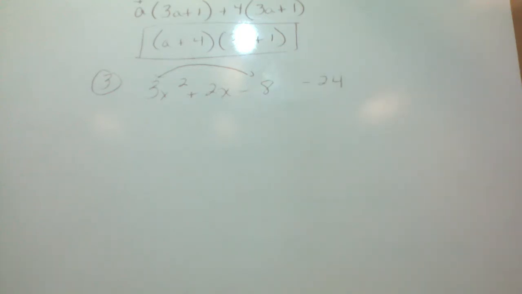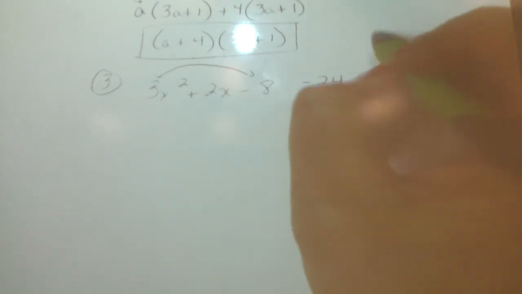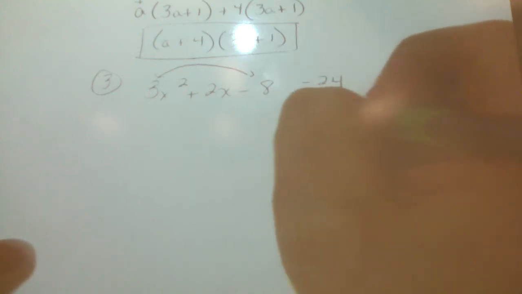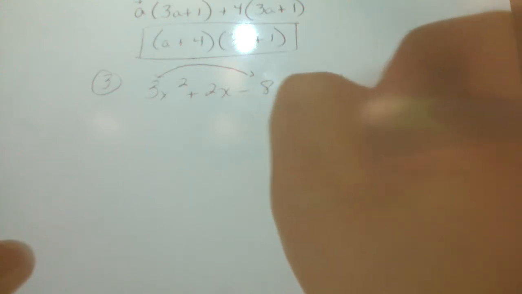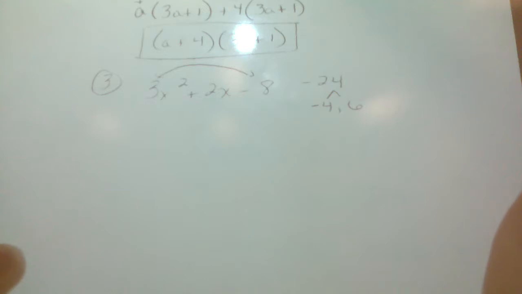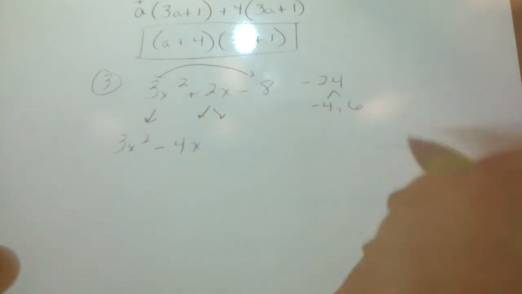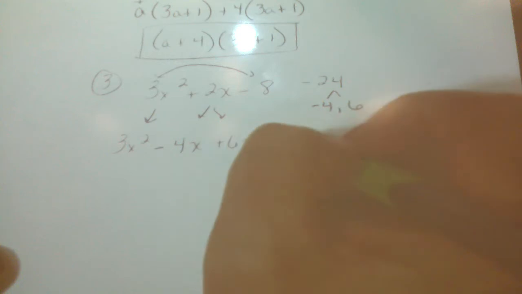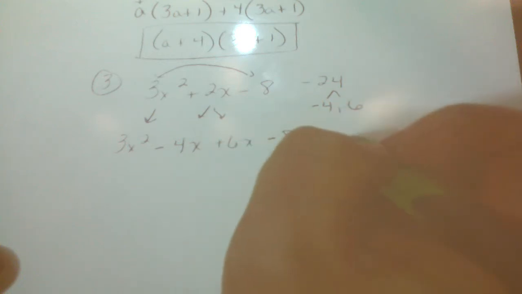Instead of me listing all the factor pairs of negative 24, if I think about what factor pair is going to give me a positive 2, that's going to be negative 4 and 6. So that 3x squared comes down. Instead of 2x, I'm going to write minus 4x plus 6x and then minus 8.